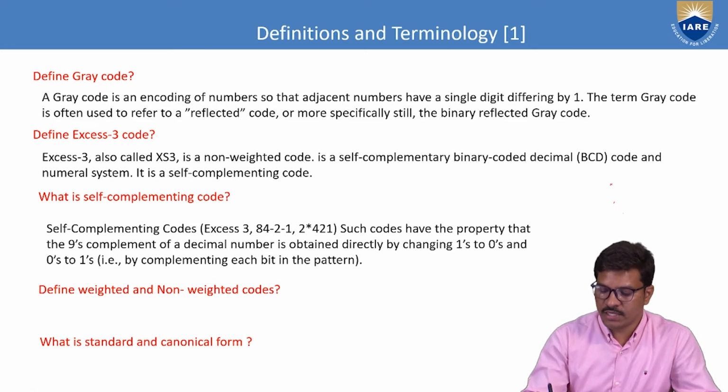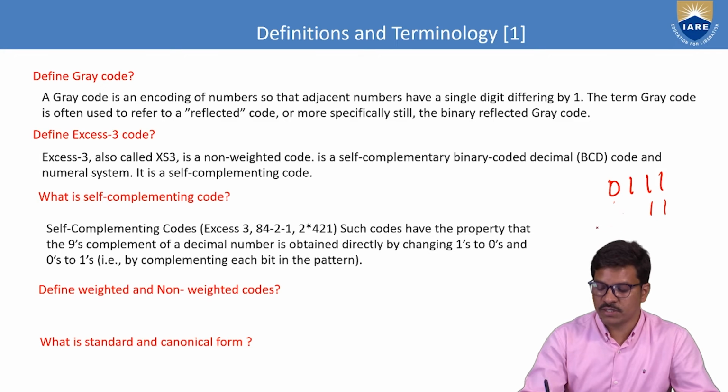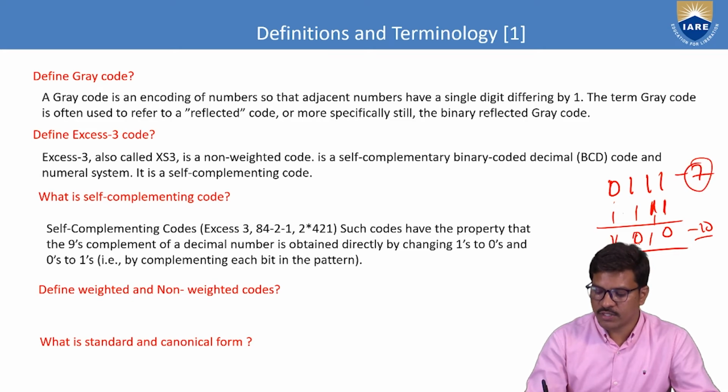If the given number is 0 1 1 1, what is the XS3 code? It is 7, so just add 3, and you will get 10, which is 1 0 1 0. So this 1 0 1 0 in XS3 is 7.